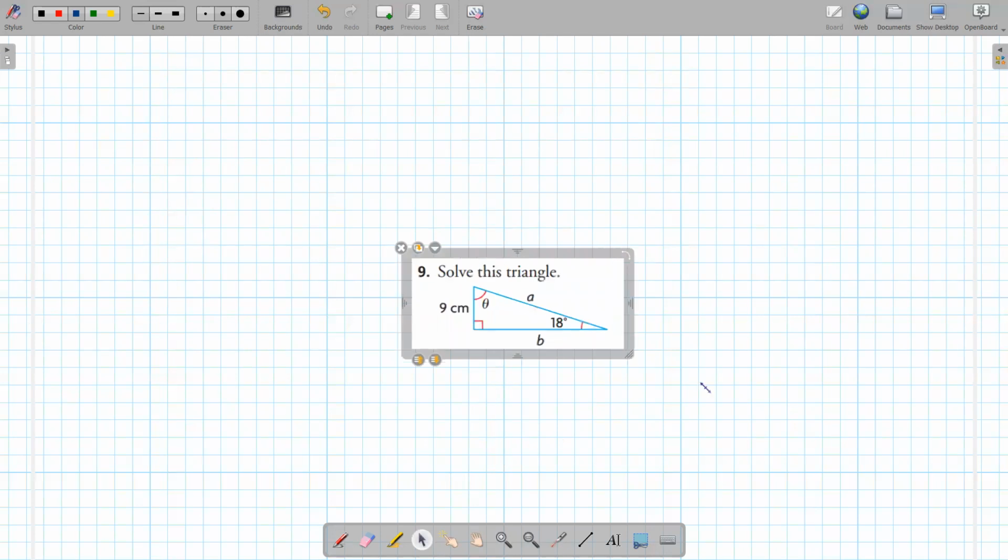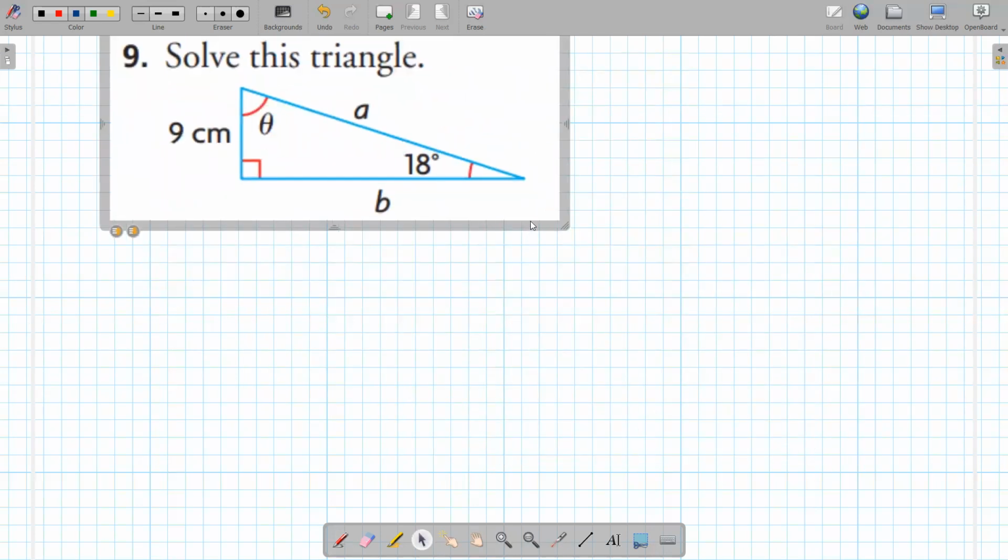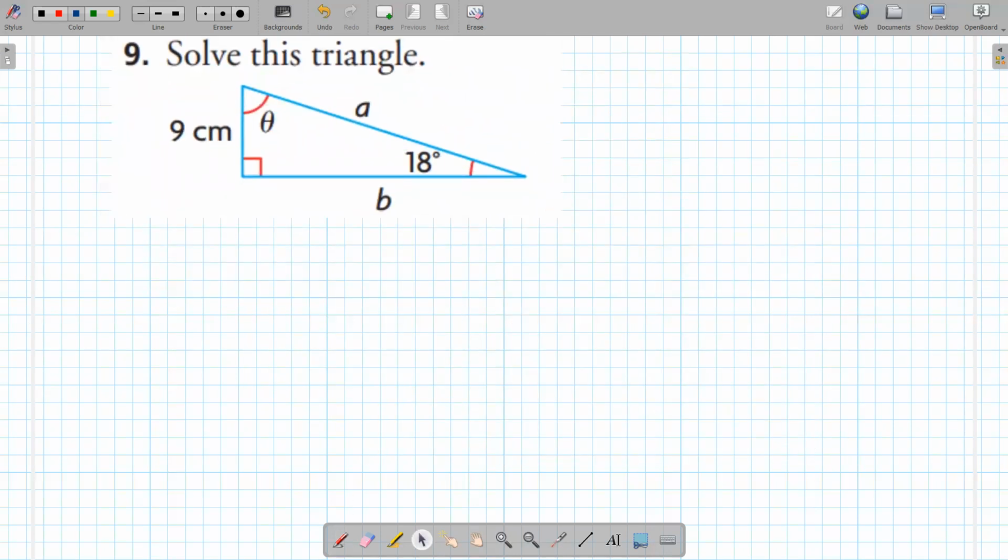This one says solve this triangle. When it says solve, it basically means give me everything that we don't know yet. Let's first find this angle on the top, theta. You can find that really quickly. What do we do?